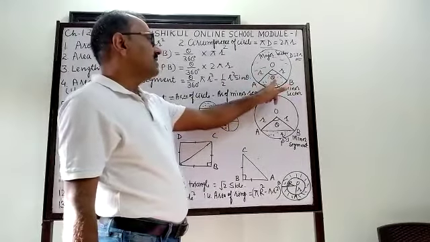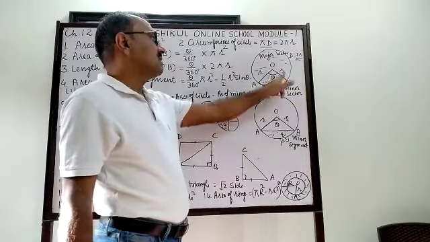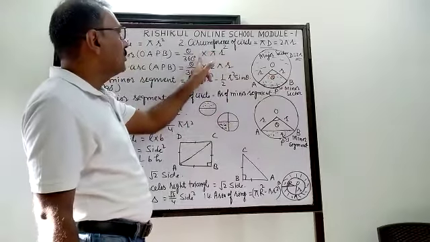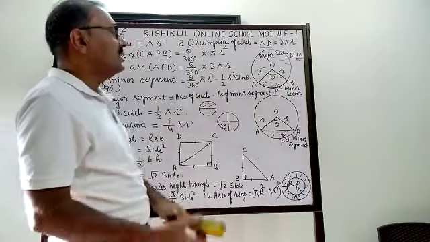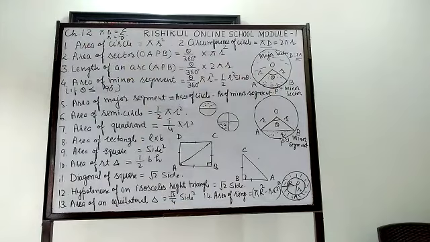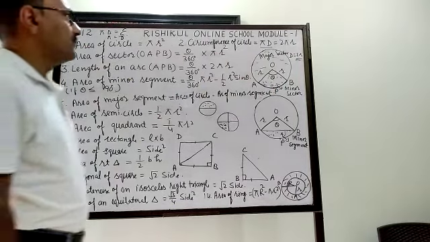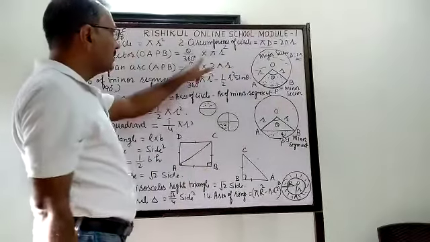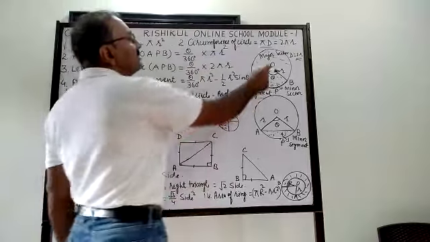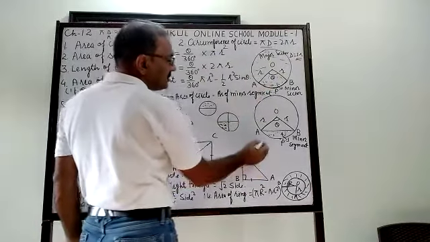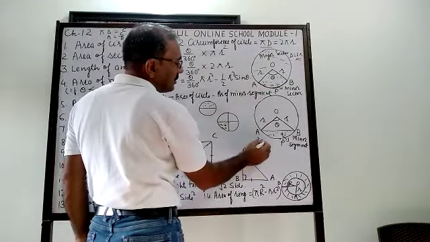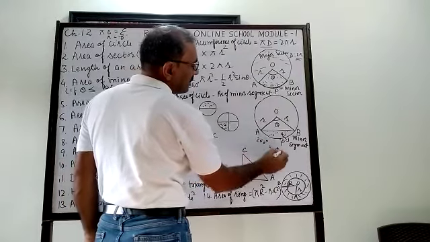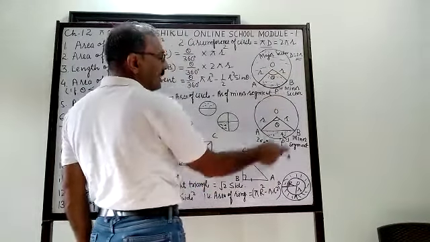And how can you find the area of the sector OAPB, when theta is this and r is this? It is theta upon 360 into pi r square. Clear? We can find it like this by the unitary method. If the angle is 360, then the area of the complete circle is pi r square.